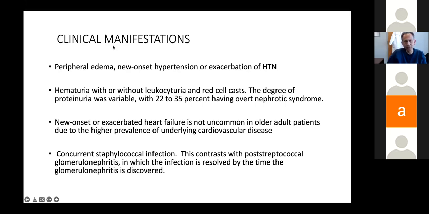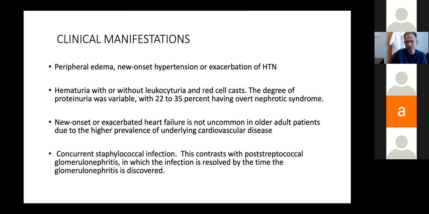The clinical picture is edema and hematuria, and because they're older patients, they can have a nuance of CHF also because of the infection and vasodilation. So when it became IgA dominant Staphylococcus-associated glomerulonephritis, it is seen that many of the patients who have Staphylococcus-associated GN have, along with the C3, an IgA deposit also.